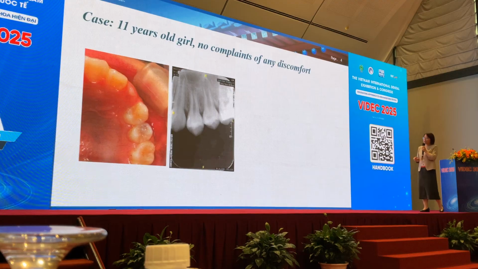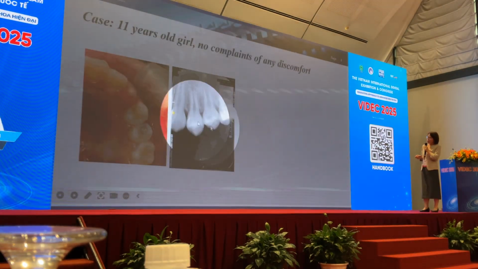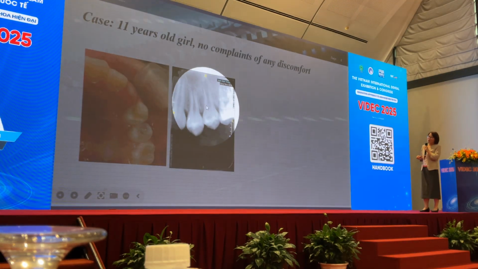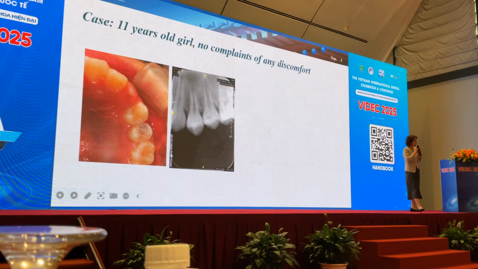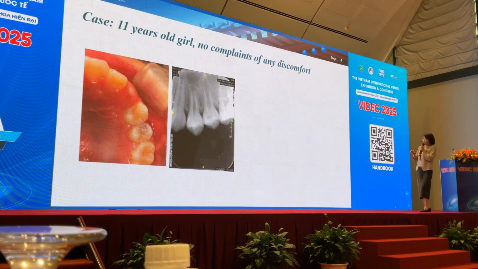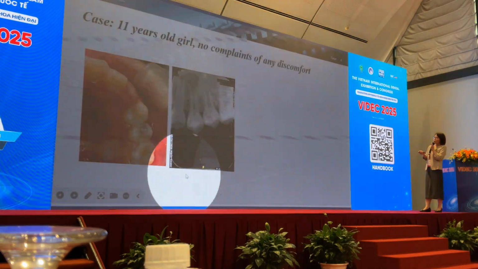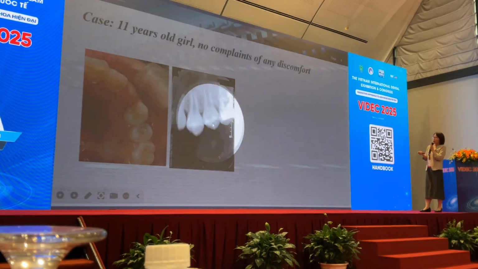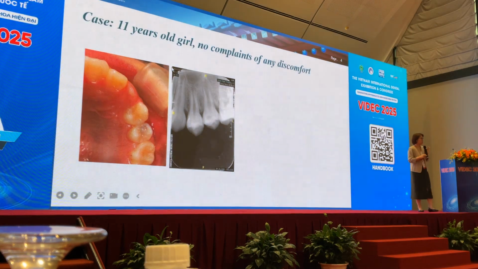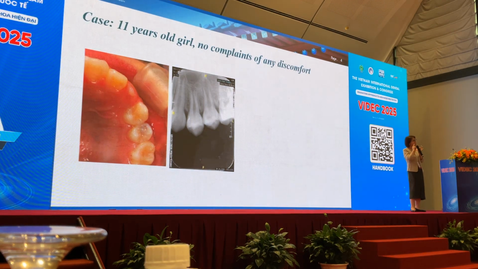The X-ray showed a radiolucency here, which means dilation inside the crown. And the root was mature with an open apex. But the X-ray cannot tell us if the pulp is involved.